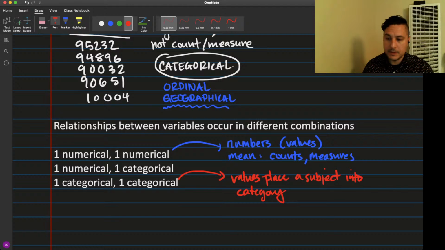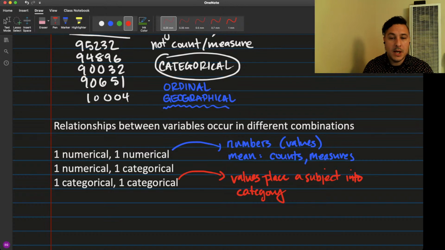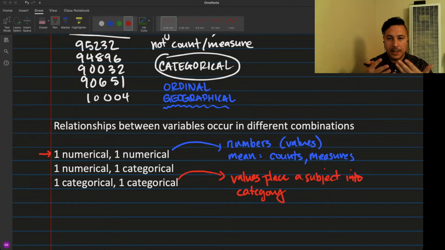Now that we remember what these different types of variables are, we can start talking about the relationships between them. As an example, what happens if you have two numerical variables, one numerical variable and some other numerical variable? How do we look at the relationship between those variables, statistically speaking? What does it mean to look at the relationships between variables?